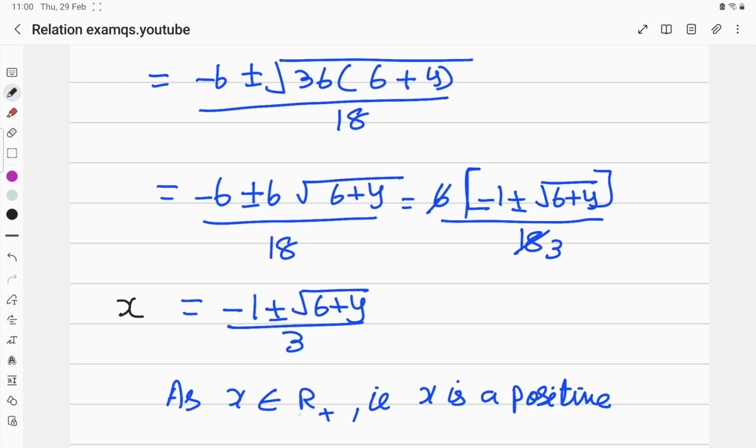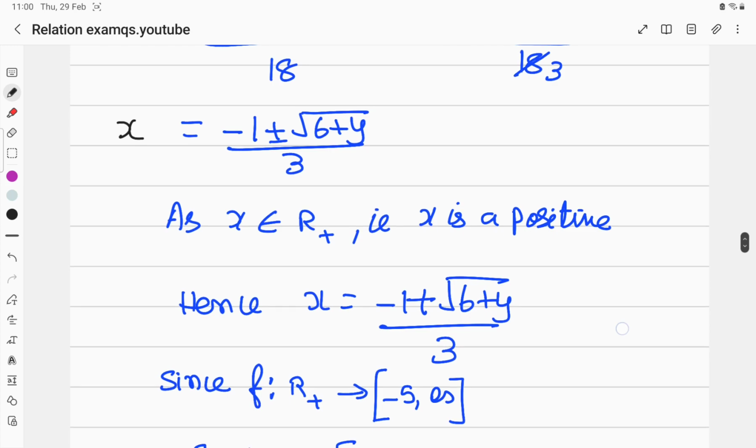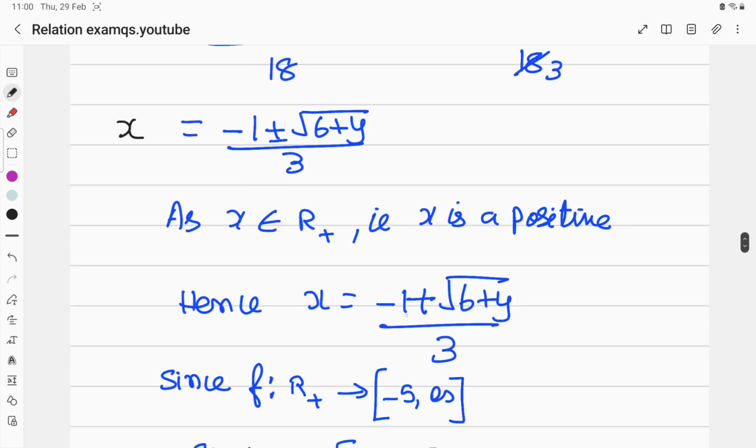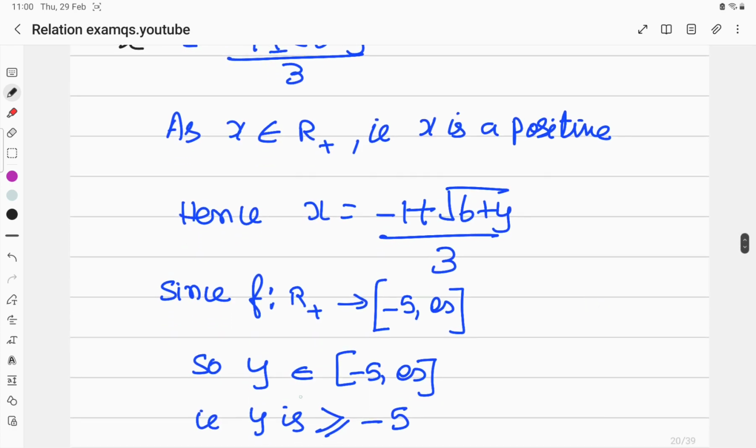Hence, x belongs to R plus, that is, x is positive. Hence, x is equal to minus 1 plus root of 6 plus y by 3. So, y belongs to minus 5 to infinity, that is, y is greater than or equal to minus 5.